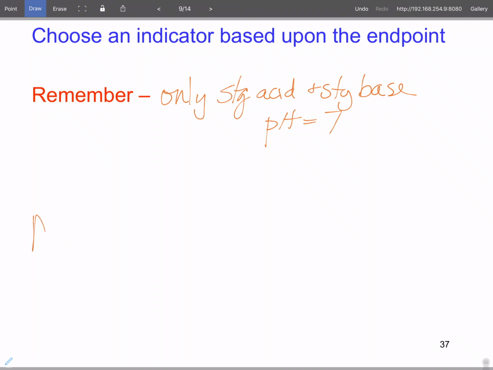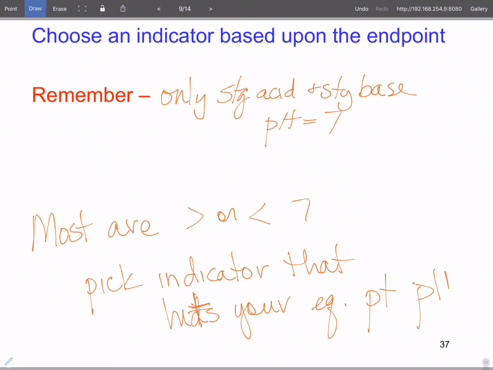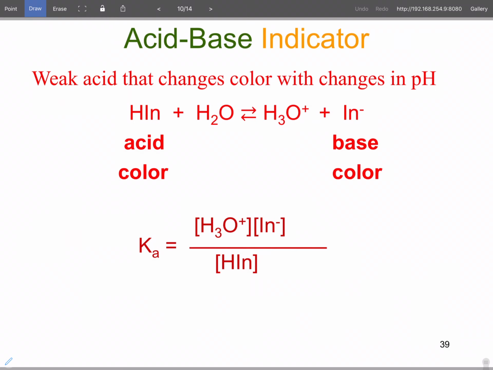Okay, most are greater than or less than 7. So you have to pick an indicator that hits your equivalence point pH. And this is critical. And I'll walk you through that real quick.